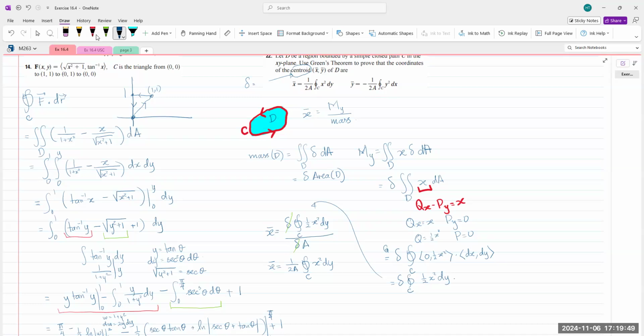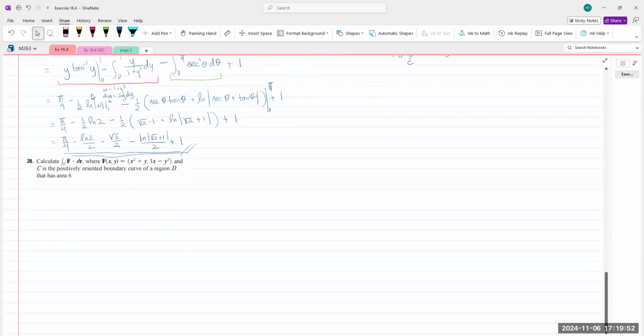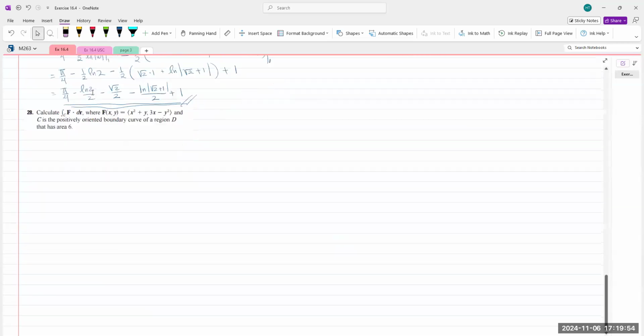That's for number 22. Let me go on a little bit more. Number 28 is the last question. Calculate the closed curve integral over C of F dot dr, where the vector field F is x squared plus y, 3x minus y squared. Therefore, Q sub x minus P sub y will be 3 minus 1, that's 2.